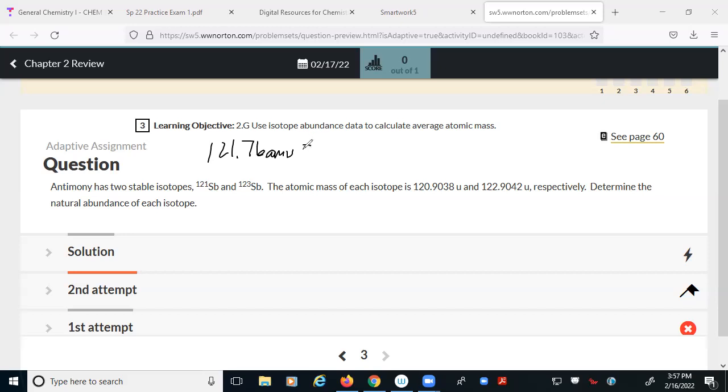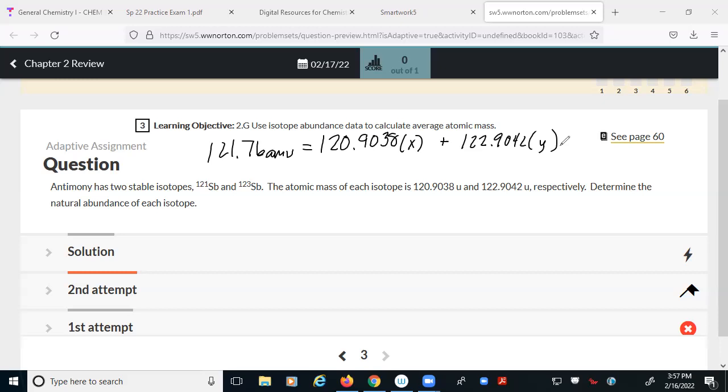We know that that average is the composite of the isotope antimony 121 times its abundance plus antimony 123 times its abundance. Now you look at that and say, okay, algebra, I can't solve 2 unknowns in the same equation.